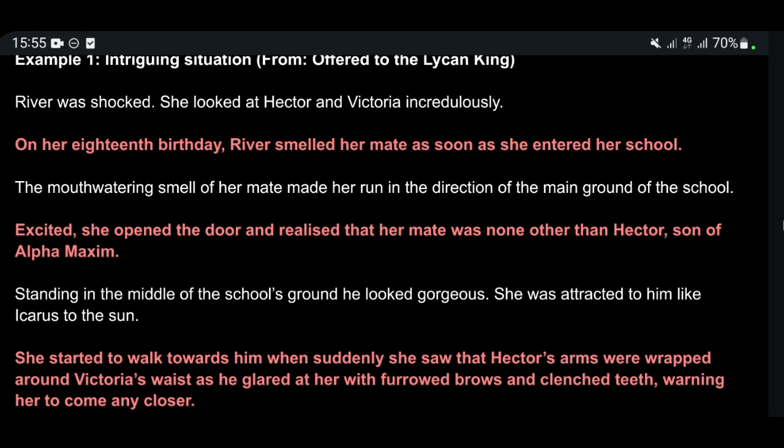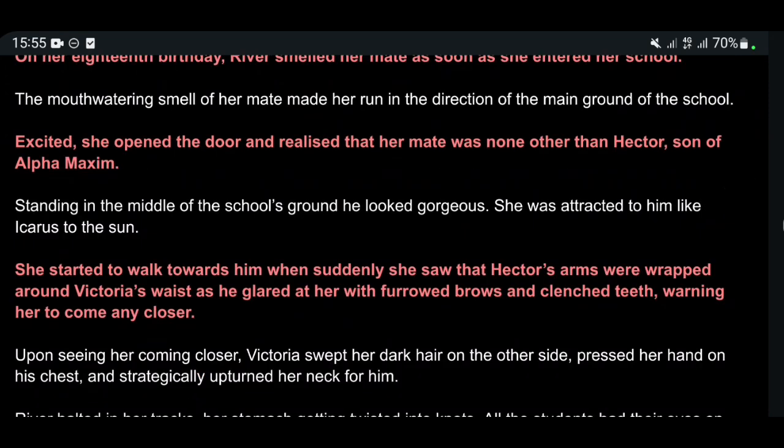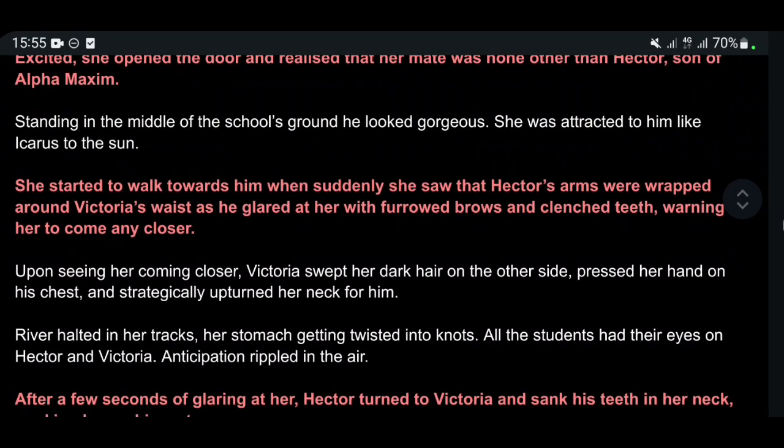Standing in the middle of the school ground, he looked gorgeous. She was attracted to him like Icarus to the sun. She started to walk towards him when suddenly she saw that Hector's arms were wrapped around Victoria's waist as he glowered at her with furious brows and clenched teeth, warning her to come any closer.